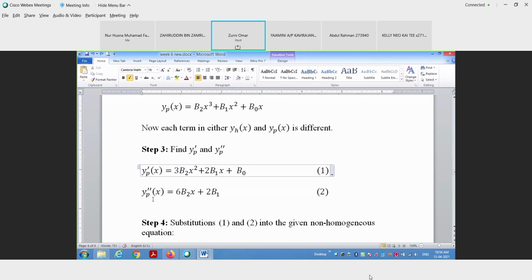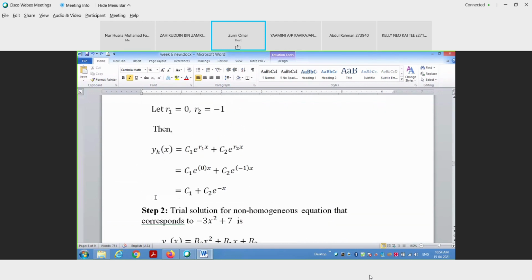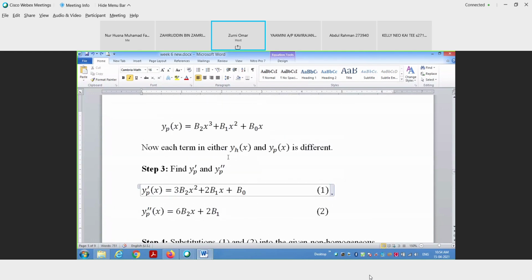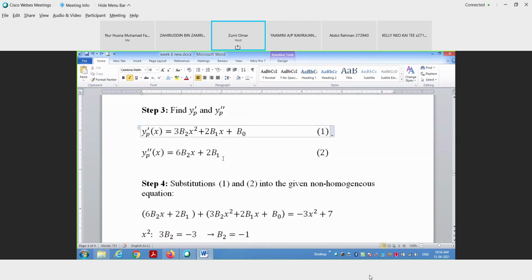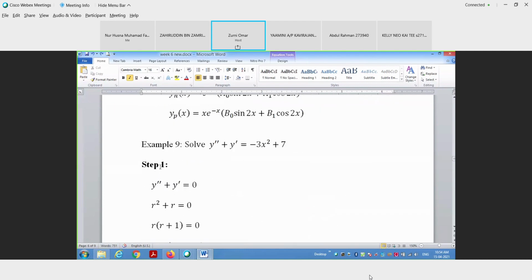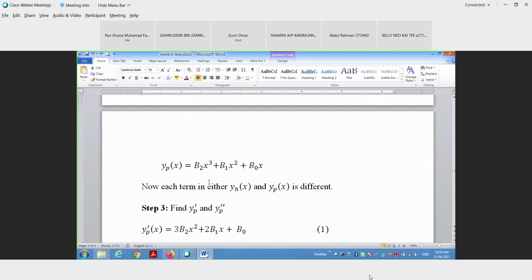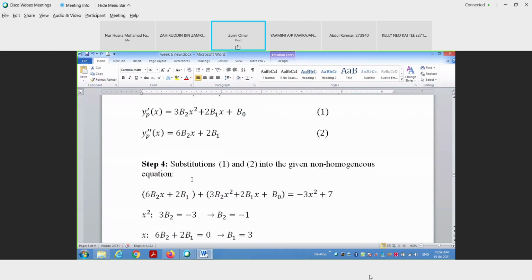So you go back to the equation. You replace y double prime with yp double prime. You replace y prime with yp prime. Okay, I think I should bring this down so it's easier for you to see.